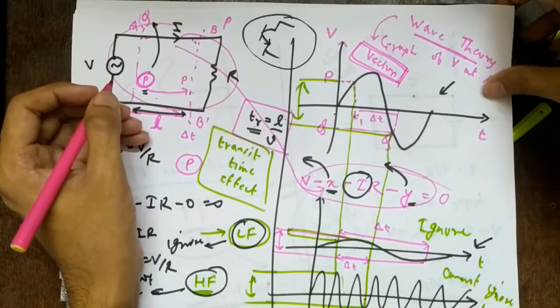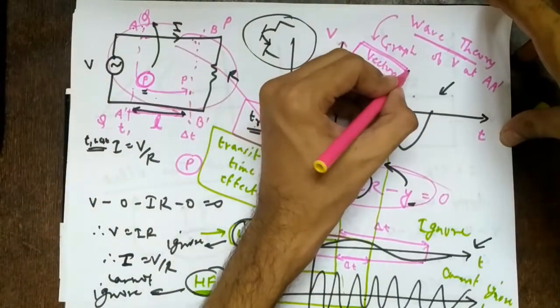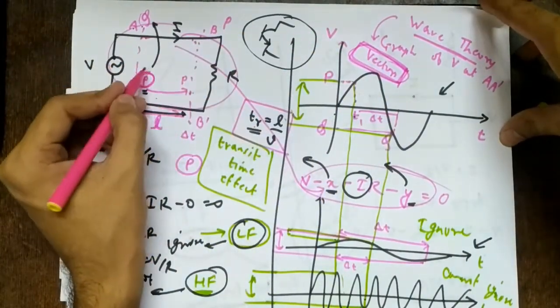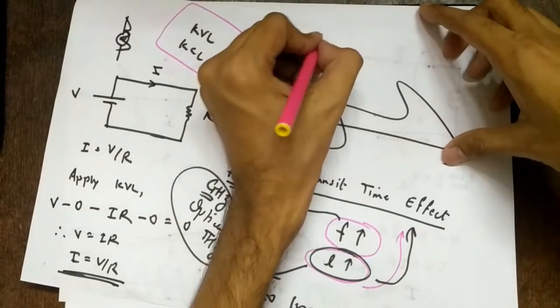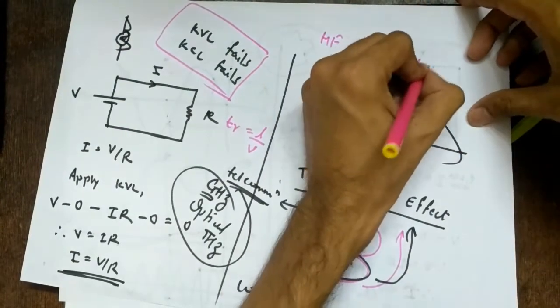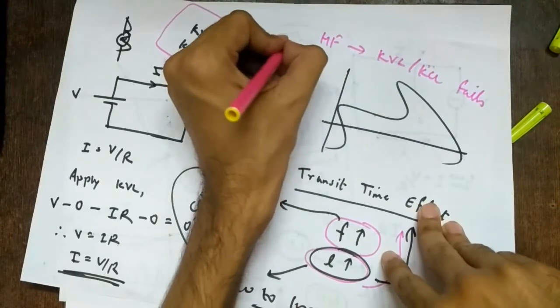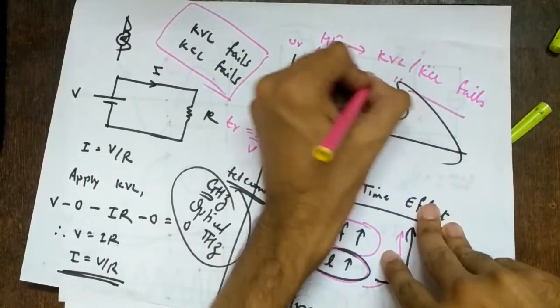I think we'll stop here. So with this point, I'll not go further purposely because I want you to digest this fact that in this circuit, if it is a high frequency circuit, again I am stressing on that point, if it is a high frequency circuit, KVL or KCL fails, or if L is high, again KVL KCL fails.